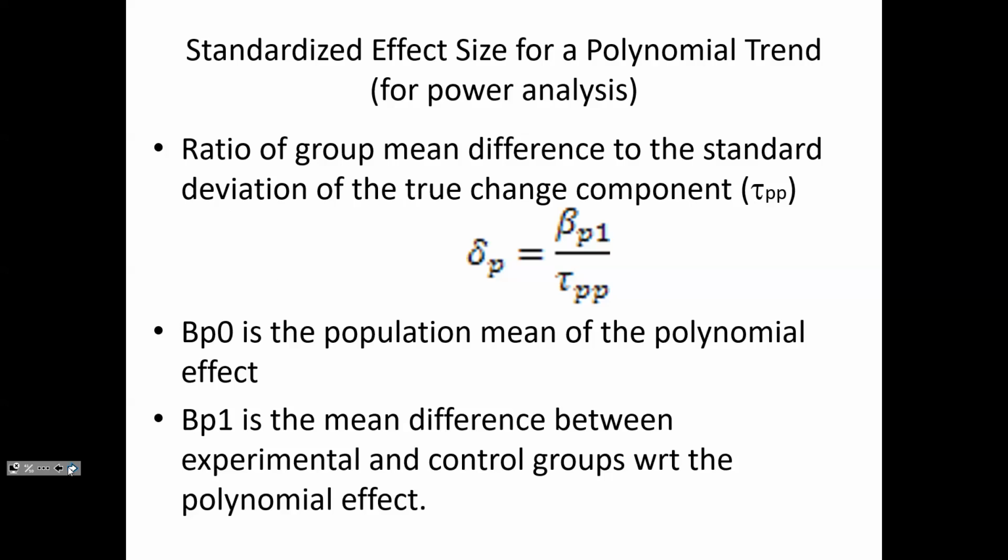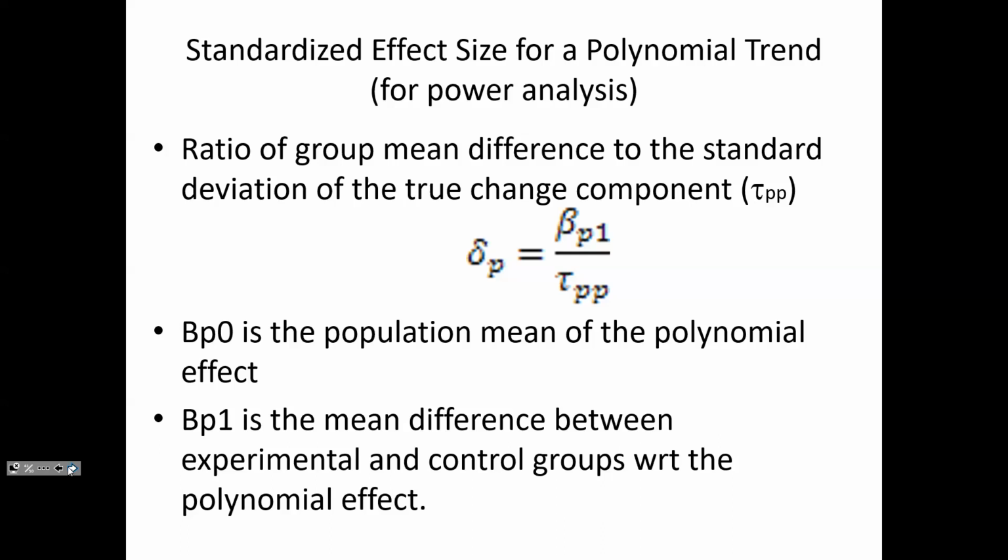So the standardized effect size for a polynomial trend is really just the ratio of the group mean difference to the standard deviation of the true change component. For example, let's just think about a linear model.